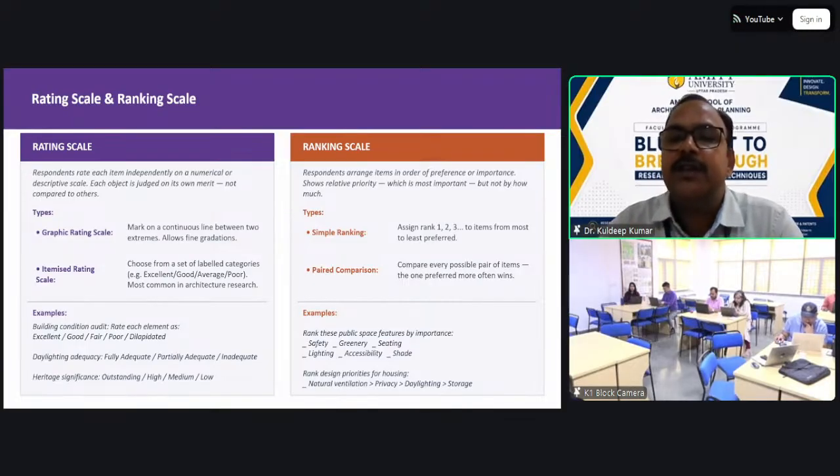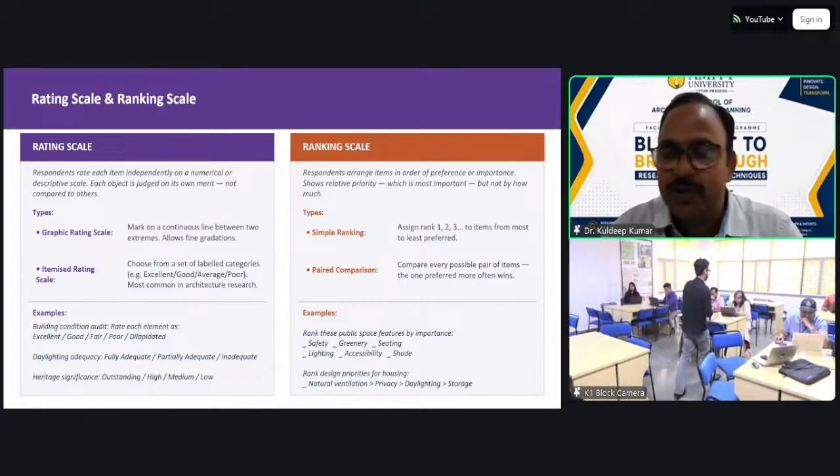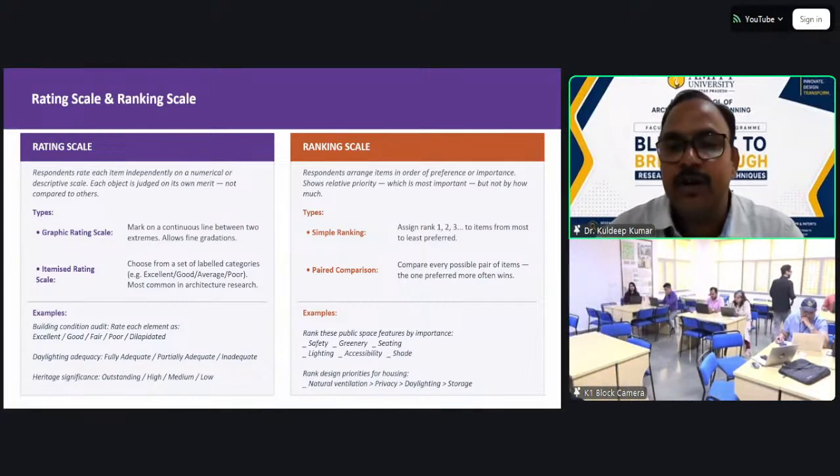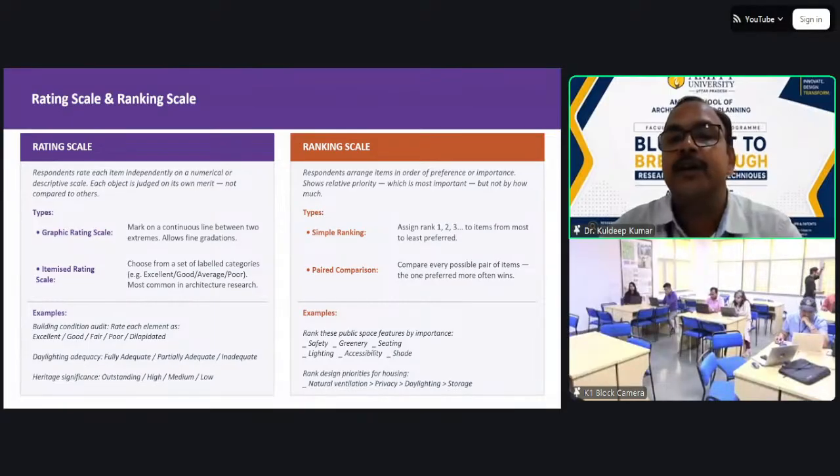This scale gives the preference that this item is preferred over another item. But paired comparison is more rigorous but more time consuming as well. So it depends on your research or your requirement where you can intervene in this.